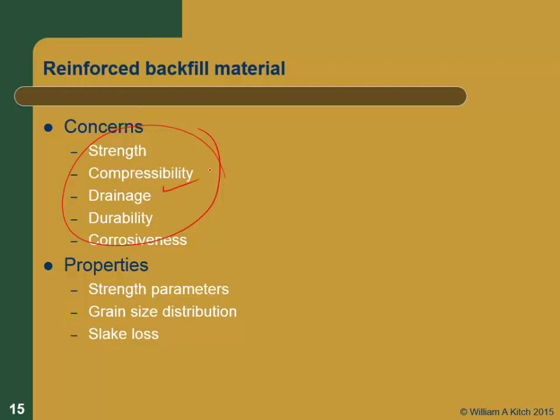For drainage you want poorly graded soils, and for strength you want well graded soils. But really what you want is just soils without fines in them. So really what you want is a well graded material that doesn't have fines in it. Slake loss is the way we usually check for durability. And then we have to know its electrochemical properties. That's how we're going to evaluate its corrosivity.